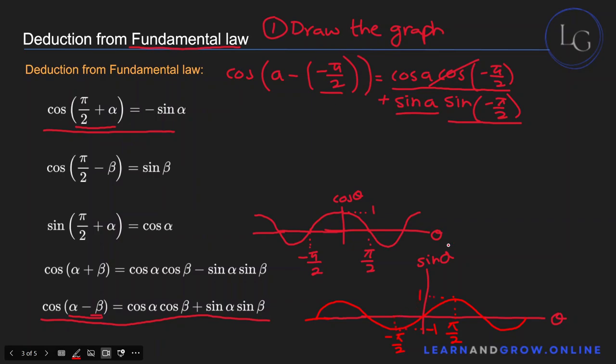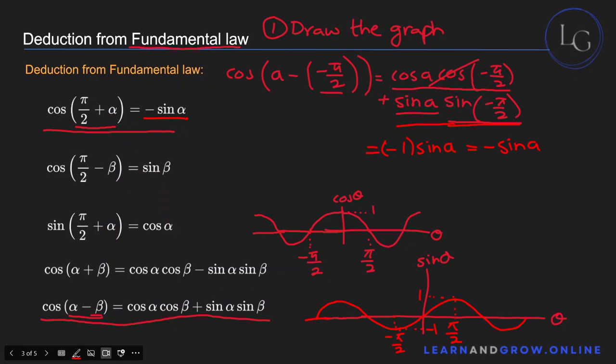So you can see we're dealing with negative pi by 2, sine negative pi by 2, and that is equal to negative 1. So hence, this entire thing becomes equal to negative 1 into sine alpha, which is basically equal to negative sine alpha, and that's how you got this.